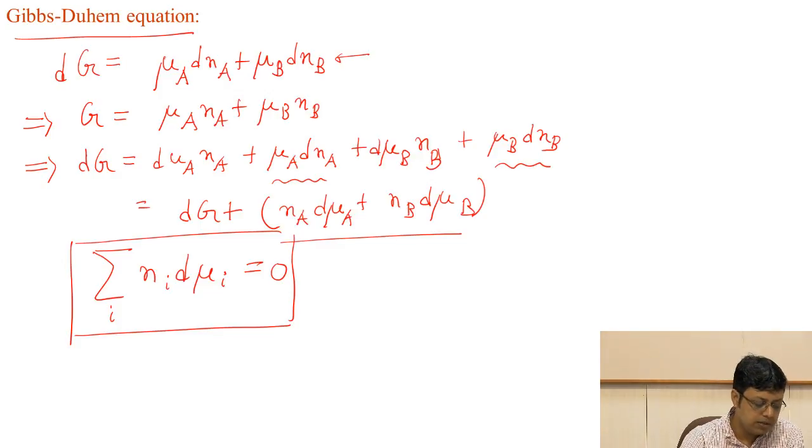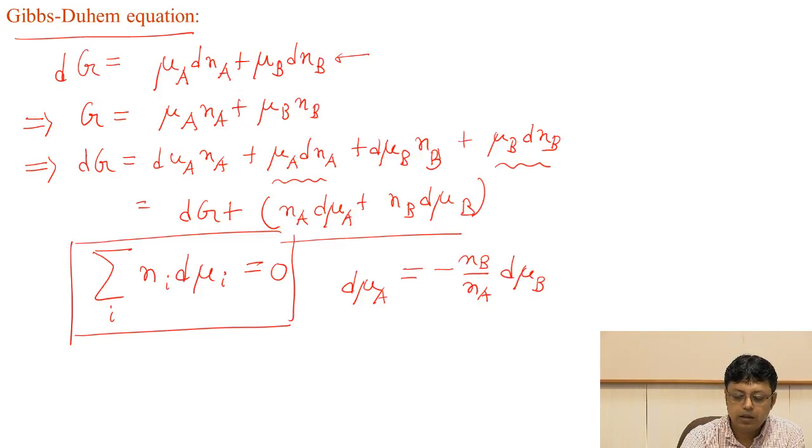Now what is the importance of this equation? Suppose we are dealing with two components, so this sum is 0, which means if we write d mu A in terms of d mu B, it is nothing but minus NB by NA into d mu B. Now this is an interesting situation.